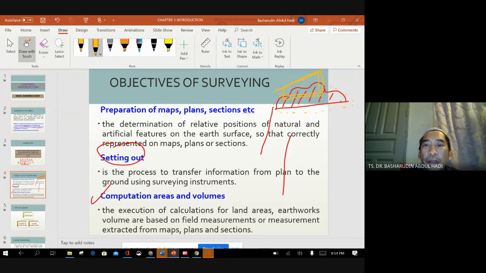Okay, so we cut. So we know the actual volume, and we know how much the cut is. So that is computation of area and volumes. So these are the three main objectives of surveying. Okay.